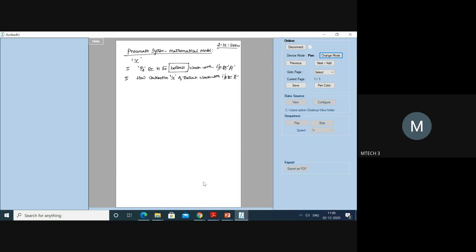Now with this introduction, we'll start with the diagram. Please take this diagram.